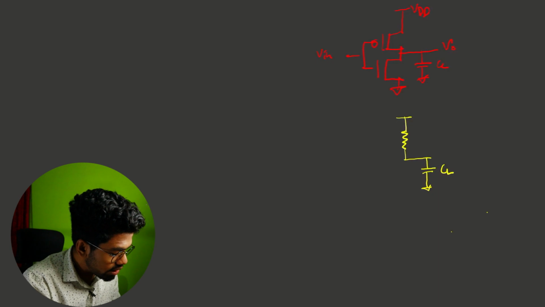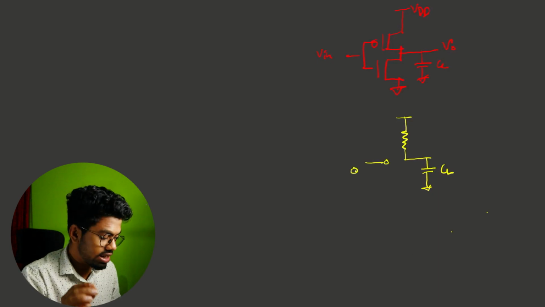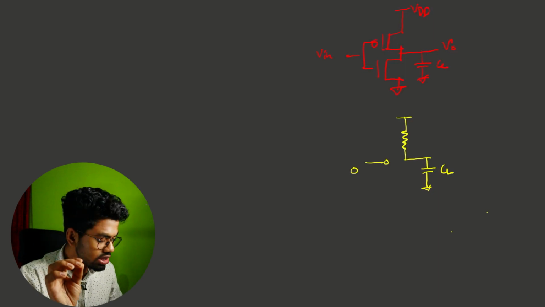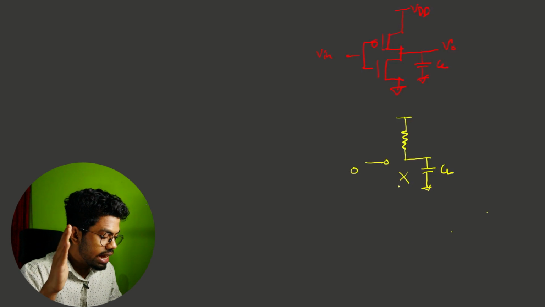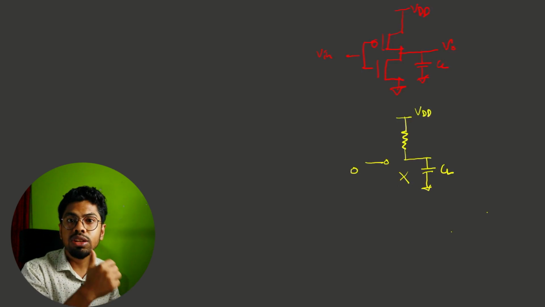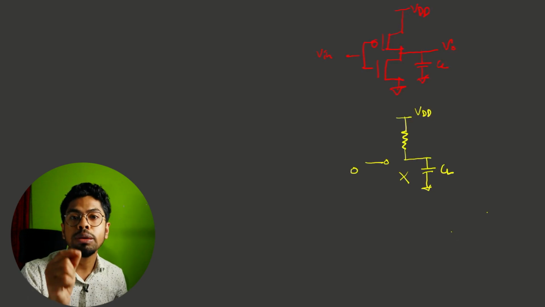That means on the input side we have provided a zero logic, right? So whenever we provide a zero logic, our NMOS will get cut off from the ground and our VDD will get connected to the CL, the load capacitance, through the resistance of our PMOS.